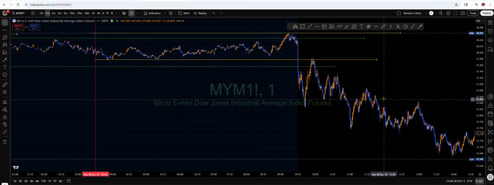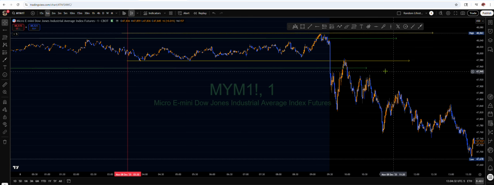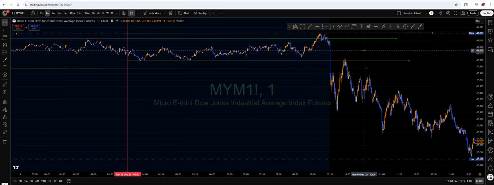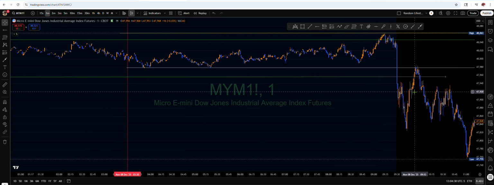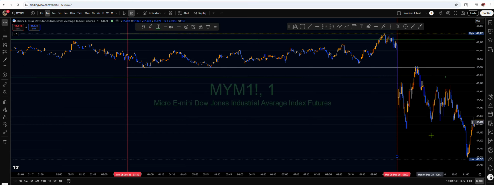Okay, so we have London and we have Asian. As you can see, the both of them are different. What we're looking at is, when the market opens at 9:30, does the market go up to that location, or does it basically just leave it alone?